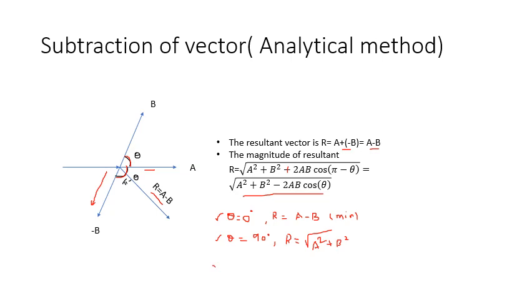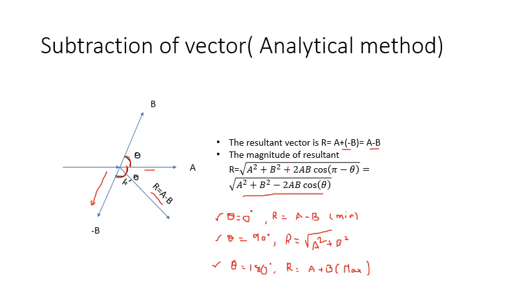Similarly, if you substitute theta equal to 180 degree, then what will be the resultant? Resultant equal to A plus B. So in the third condition, you will get a maximum magnitude.